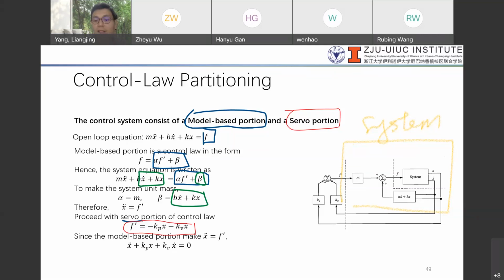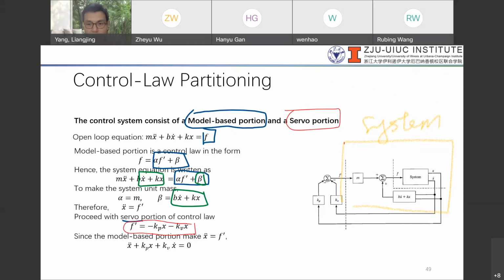When we write it down in a block diagram, it should look something like this, where you have your servo part and you send in this f prime.